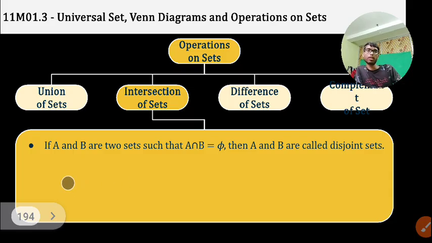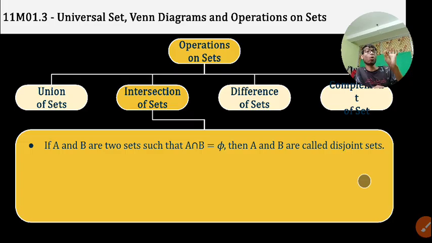If A and B are two sets such that A intersection B is empty, here there are no common elements, because empty means no common element. Then A and B are called disjoint sets, which means no common elements.